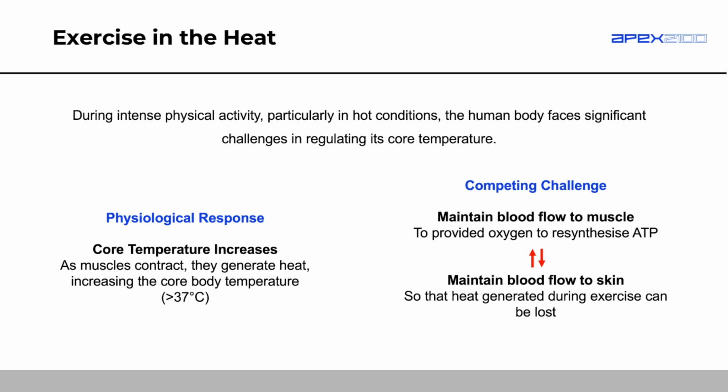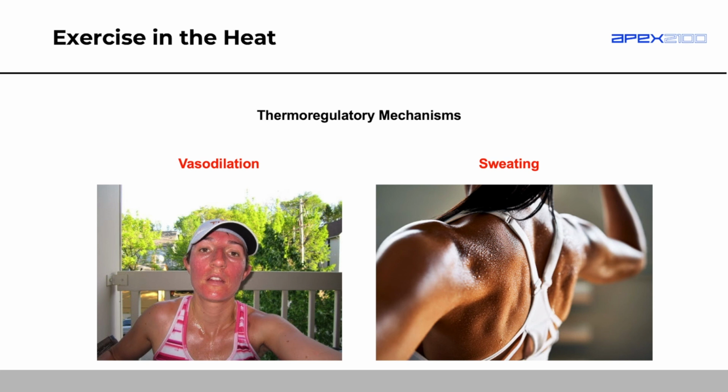However, when our core temperature increases as well, we're going to vasodilate the blood vessels around our skin. We want to send blood to the skin so that the blood can cool down, so that heat generated during the exercise can be lost to the environment. So these are the two thermoregulatory mechanisms.